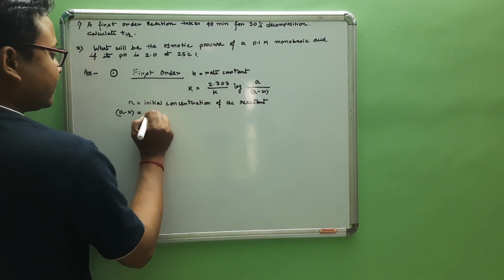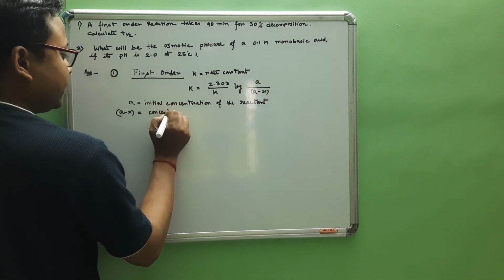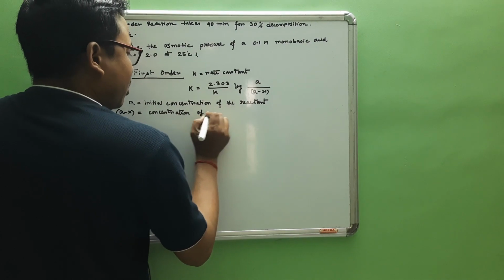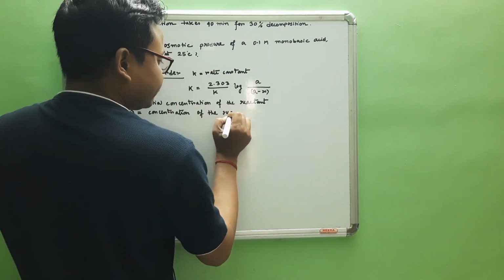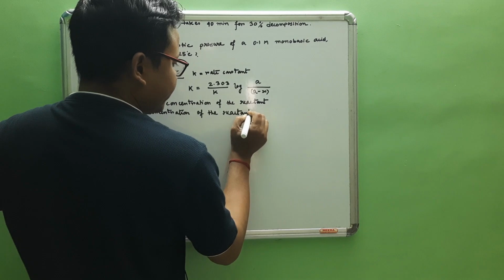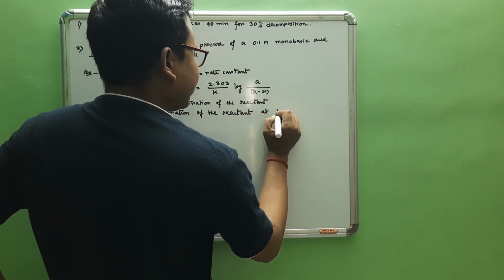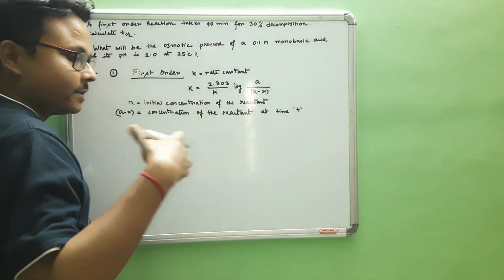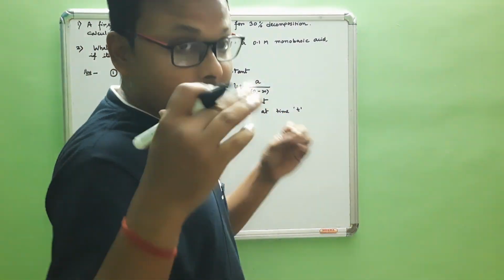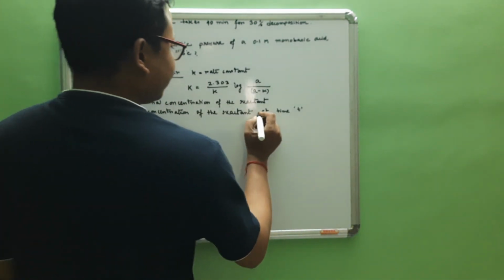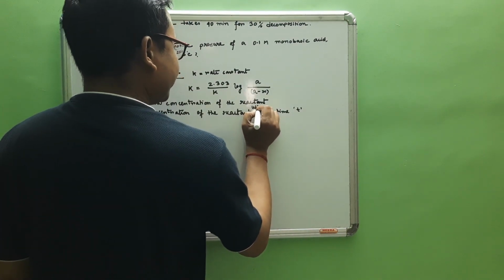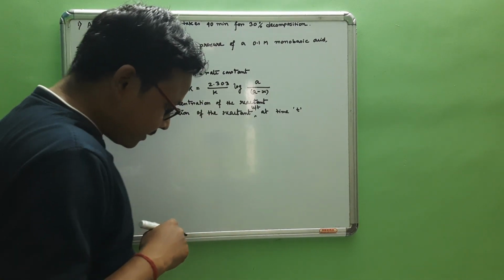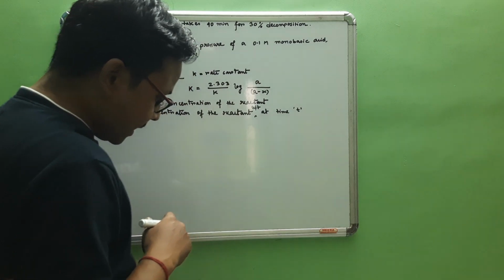A minus x, that means this is the concentration of the reactant at time t. This is the concentration of the reactant left at time t. Okay, so here in this case, what is the A and what is A minus x?